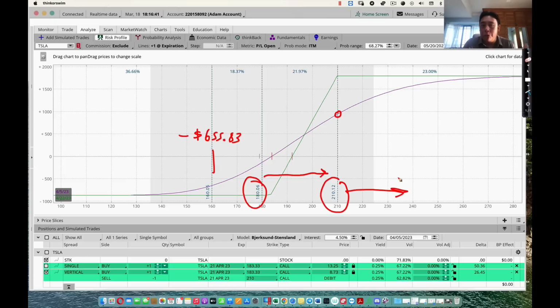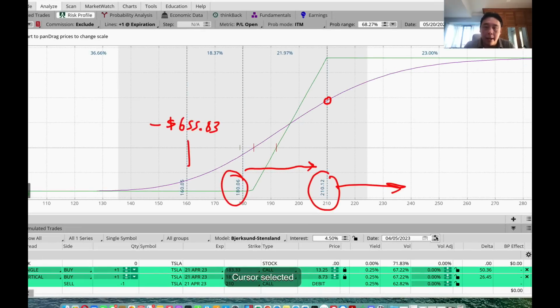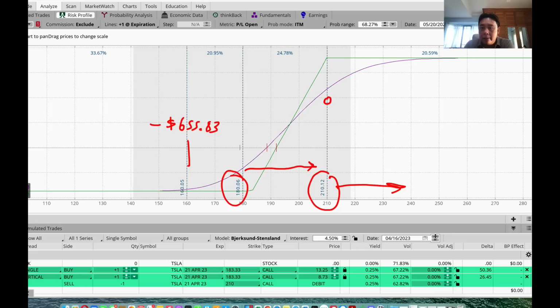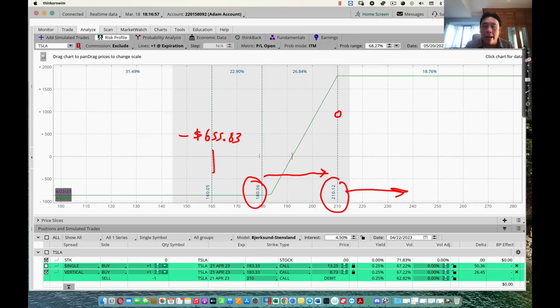Time is working for you. Why? Because check this out. Notice what happens as time passes. The purple line will now move up to the green line, which means the longer you wait, the more money you're going to make. And you will maximize your profits at expiration. Okay? So that's the great thing about the bull call spread.